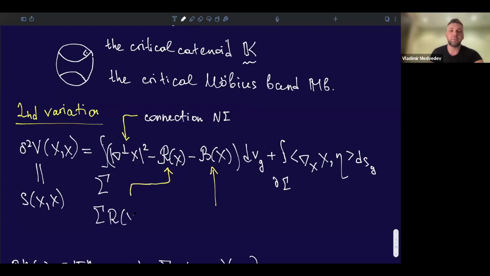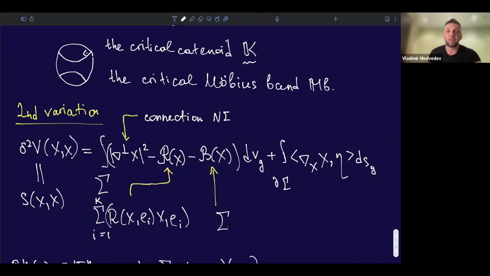You take the Riemann tensor, e_i is the local orthonormal frame on sigma, and you consider this. So this is exactly the definition of R_X, and B_X is the so-called Simons operator, which looks as follows.